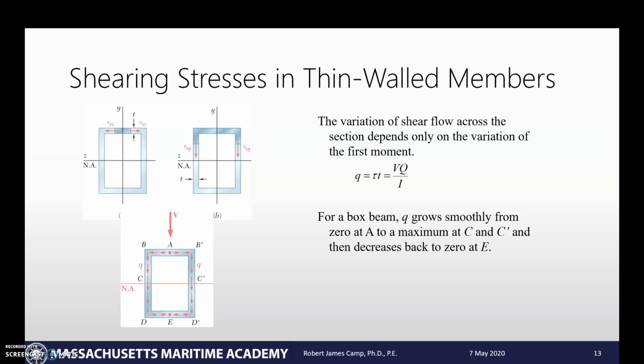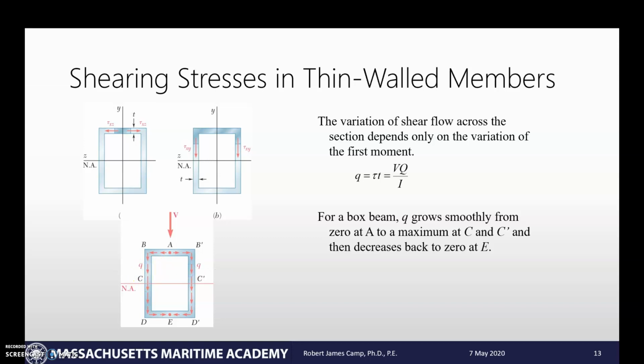It's going to be a smooth transition, and at the same Y value, the shear flow here and here, if that was a straight line, because I can't draw a straight line, but let's assume it's a straight line, the shear flow at those 2 points is going to be exactly the same, because V is not going to change anywhere through here, I is not going to change anywhere through here. The only thing that's going to change is the value of Q, and so at this point they'd have the same y bar prime times A prime that any other one would have.